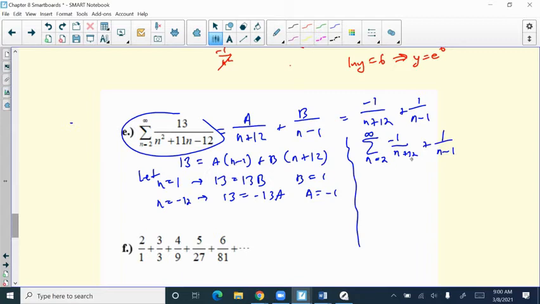If you look at when n is 2, the first term of the negative 1 sequence will be negative 1 over 14, and then there'll be a negative 1 over 15, and that goes on forever. The first term of this one, when n is 2, is 1 over 1.